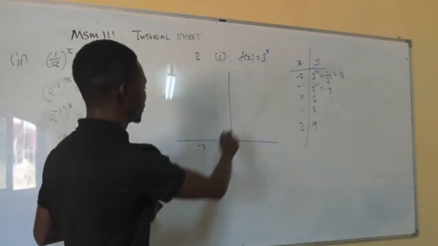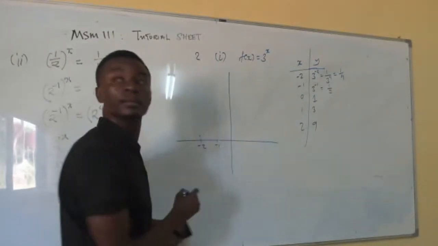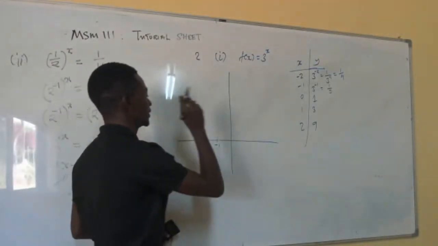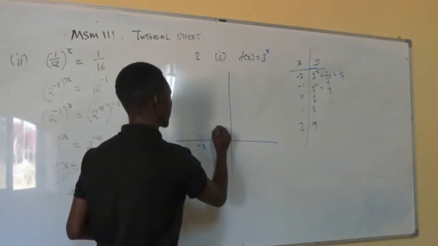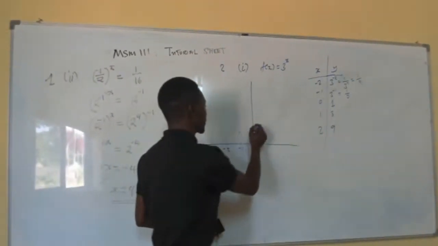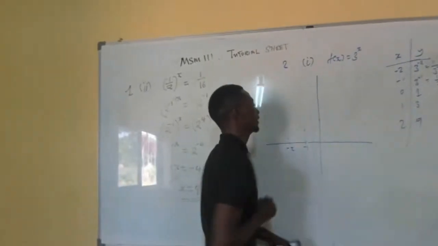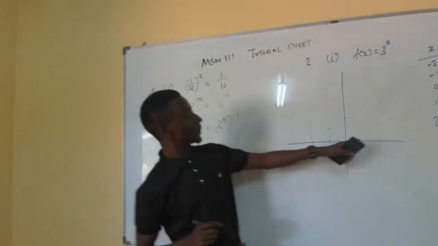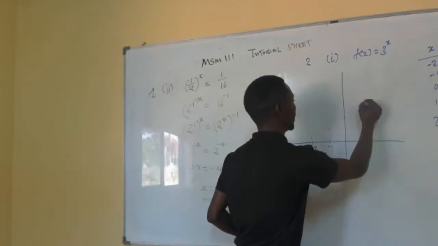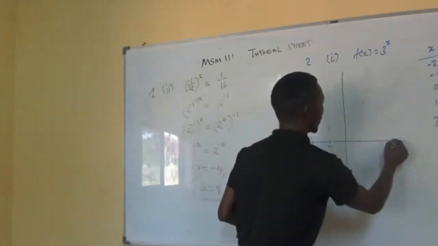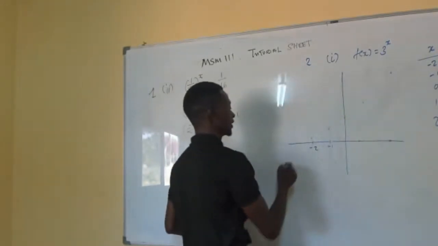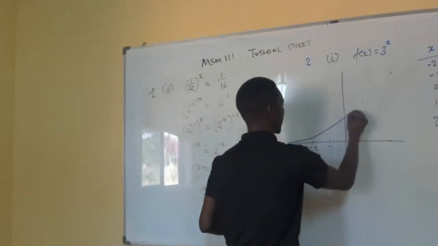Again, for -1, y is 1/3, that's 0.3333, so it's somewhere there. Then we have (0, 1), the point there. Then (1, 3), and then (2, 9), somewhere there. So the graph that we have here is this graph.